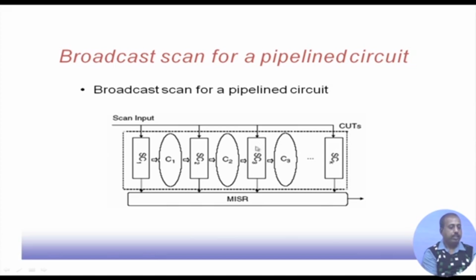The point is that in this way it will detect many of the faults, but response compaction becomes another issue. For the response compaction part, we can have a multiple input signature register. It will compact all these responses into one signature, which is calculated here and serially output from the circuit. So, this way for a pipeline circuit also we can use a broadcast scan based approach.